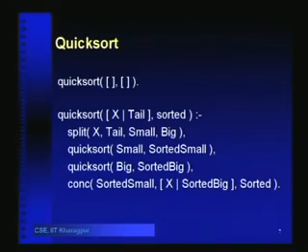So, all we are doing is declaring when the split predicate is successful. The split predicate is successful when the first argument x and tail and small and big are such that all elements of tail which are smaller than x belong to small, and all elements that are greater than or equal to x belong to big.